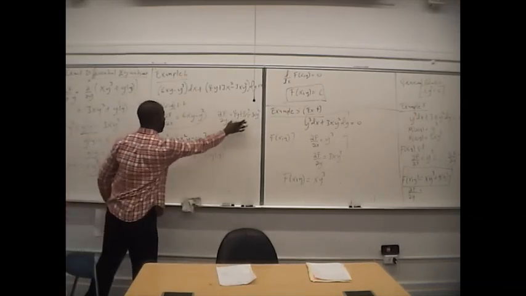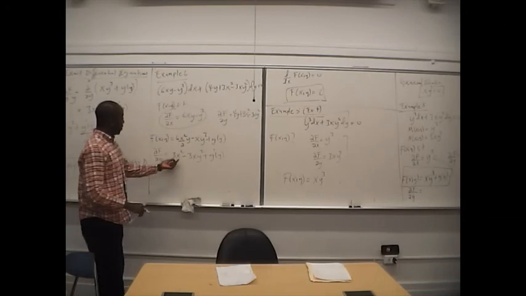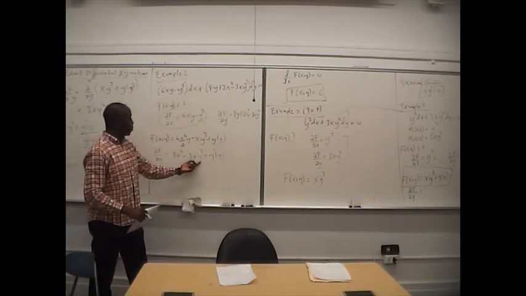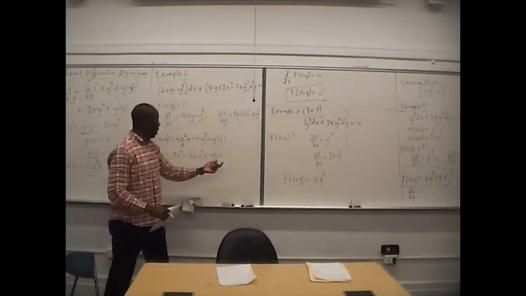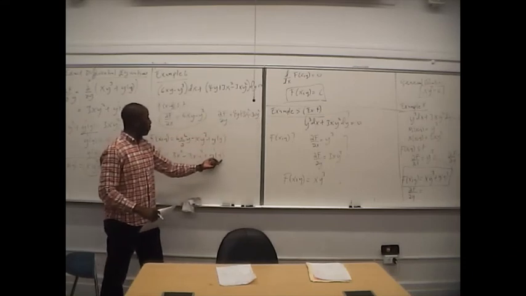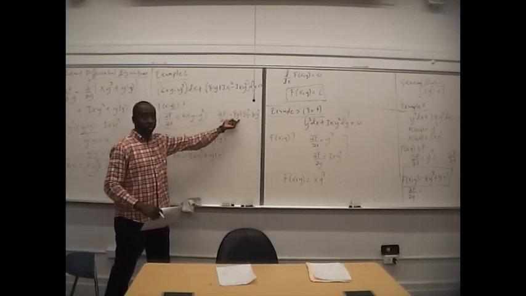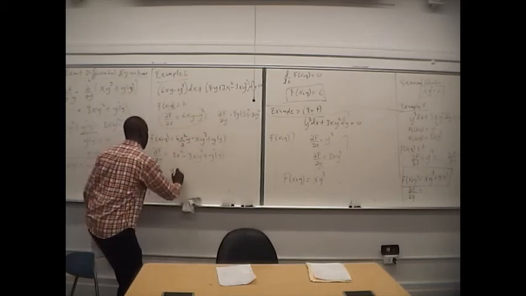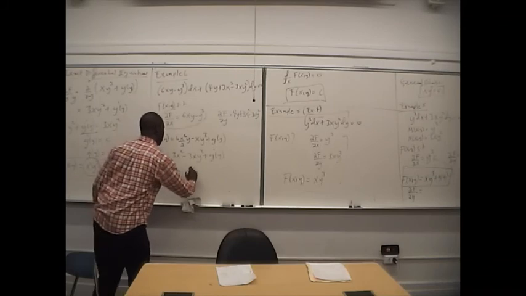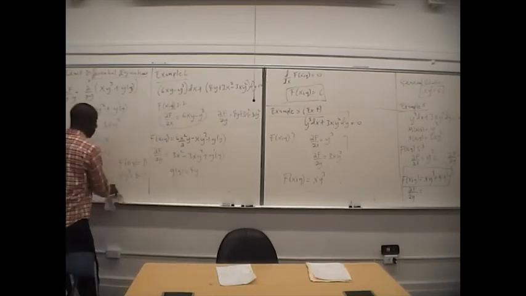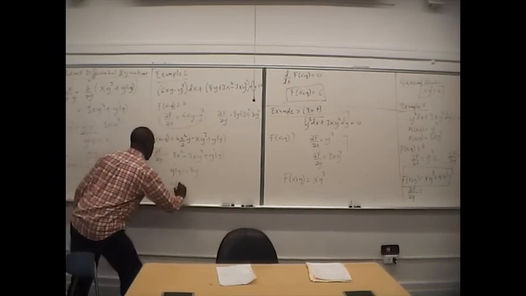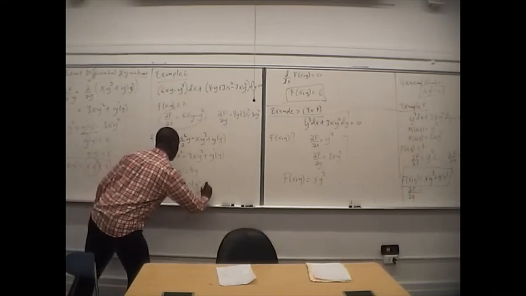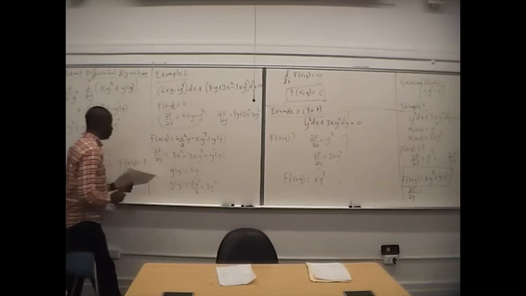And now if I compare these two, I have a 3x squared and a 3x squared. I have a minus 3xy squared and a minus 3xy squared. And I have a g prime of y, which must be 4y, for these two things to be identical. And so g prime of y has to be 4y, which means that my g of y is 4y squared over 2, which is 2y squared.